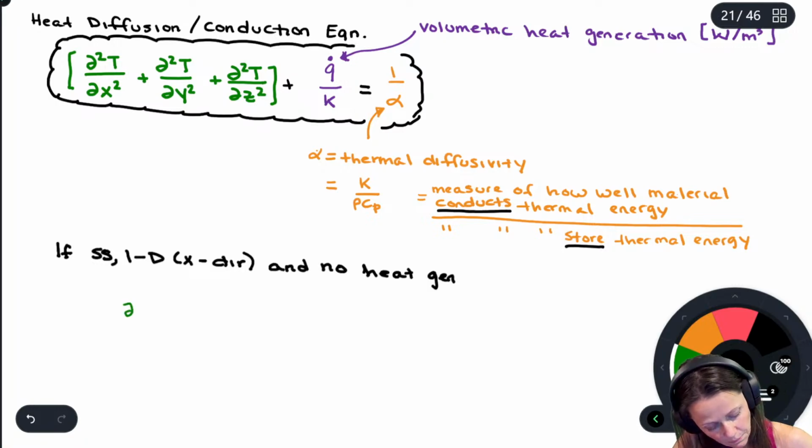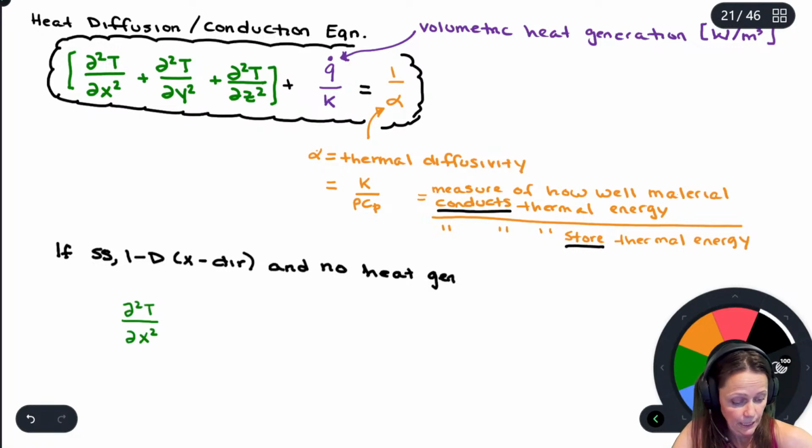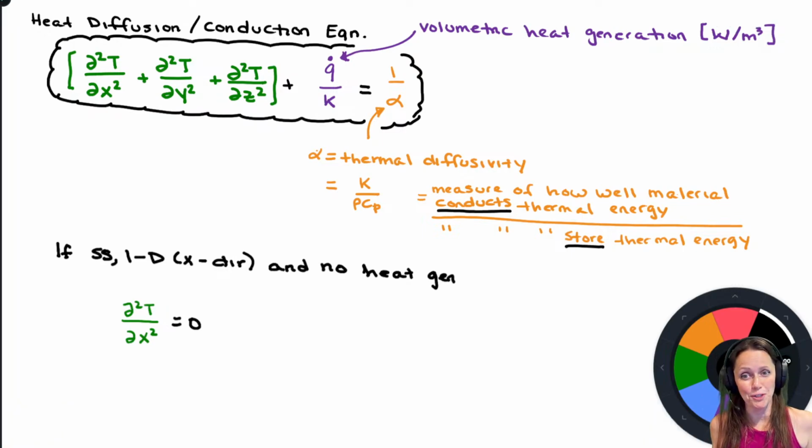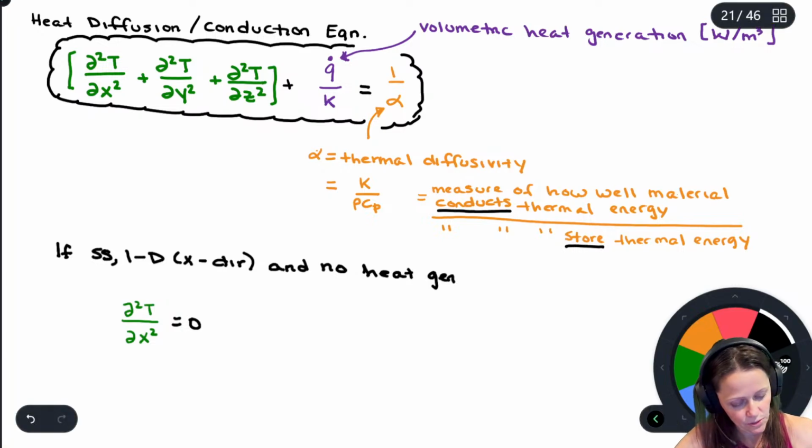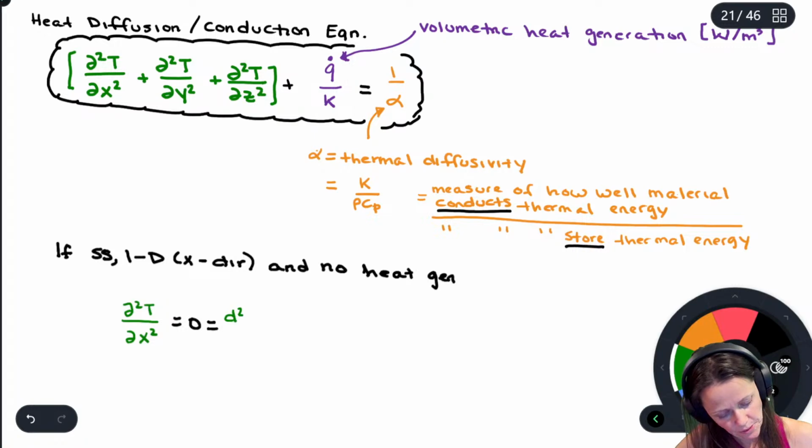It'll just become the second partial of T with respect to x equals 0. And in that case, you don't need a partial anymore because temperature is only dependent on x. So you could really just get rid of that partial and write the regular old second derivative, d squared T dx squared.